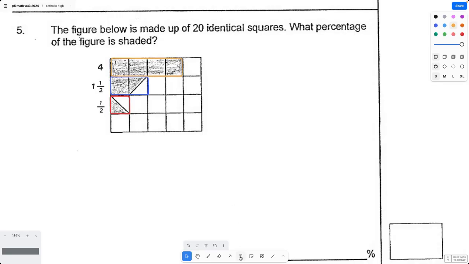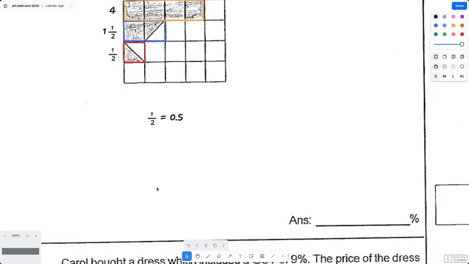So essentially, the answer to this will be 4.5. I'm gonna represent half as, let's say, 0.5, because it's much simpler that way. So let's calculate together.